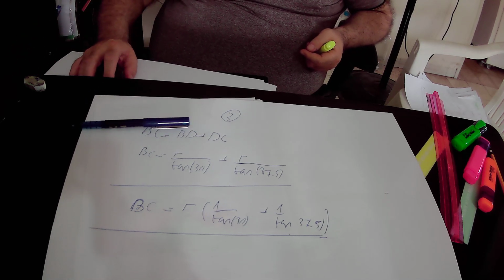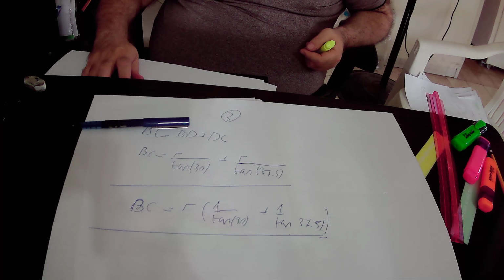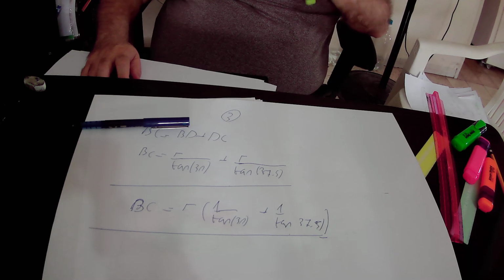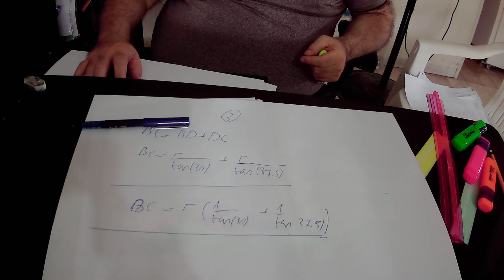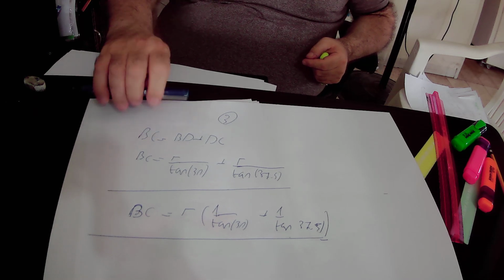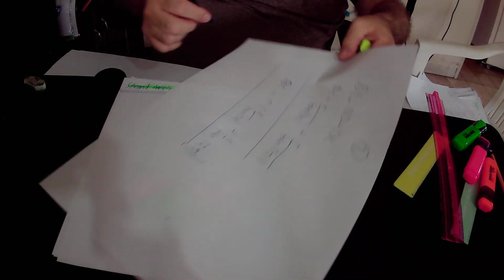So here, tangent 30 degrees is equal to 0.57735, and 1 over tangent 30 degrees is equal to 1.732 units.